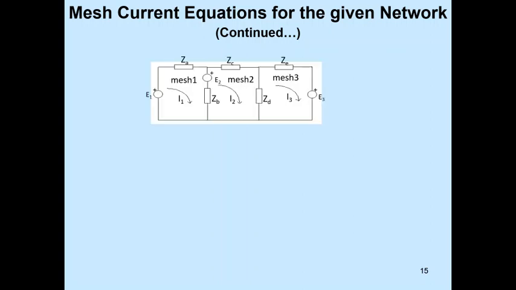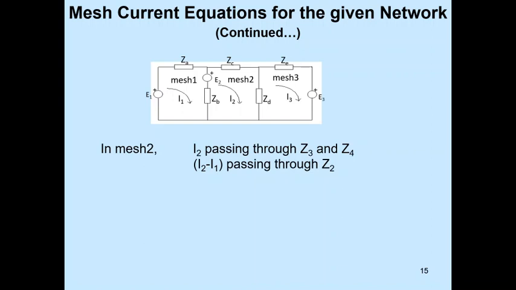By these rules, we can directly write the equation. See from this, in mesh 2, I2 is passing through Z3 and Z4. I2 is passing through ZB and ZD. I2 minus I1 is passing through ZB.